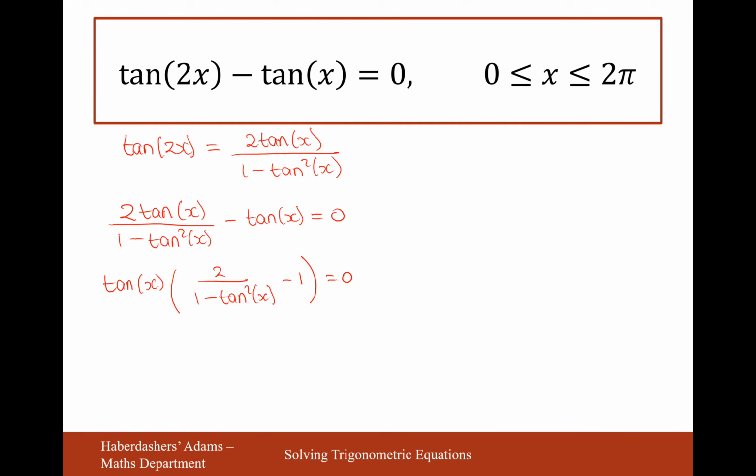So either I've got tan x equals 0, in which case I get solutions of 0, pi and 2 pi, or we'll carry on with this expression here.